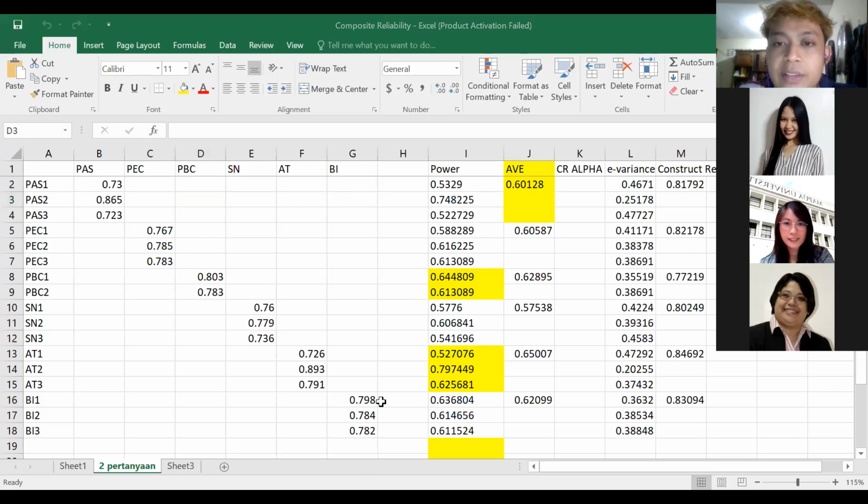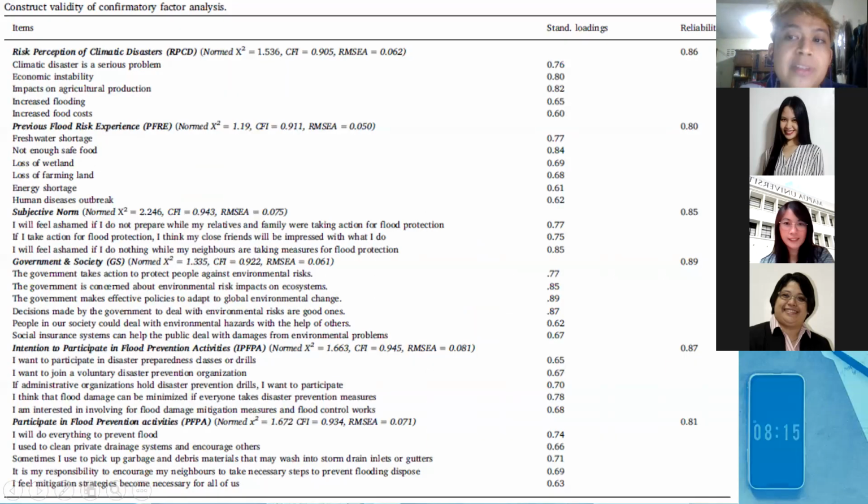This is the formula. You can see lambda here, so everything is affected by the factor loading, always, for the composite reliability.